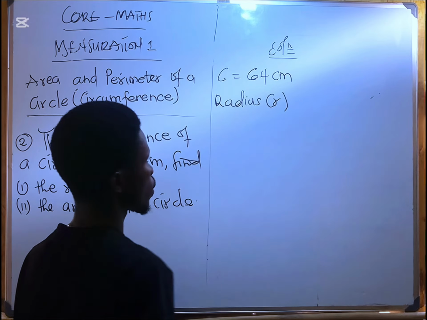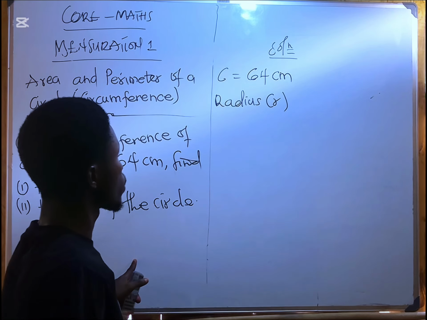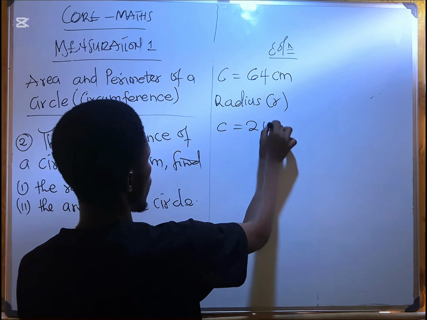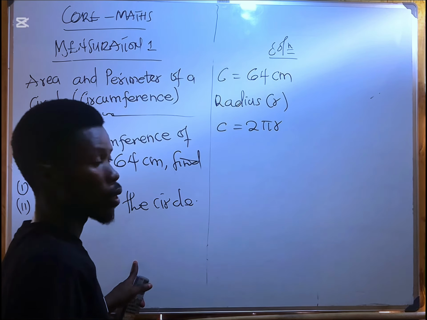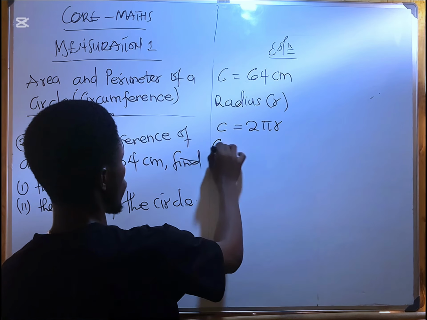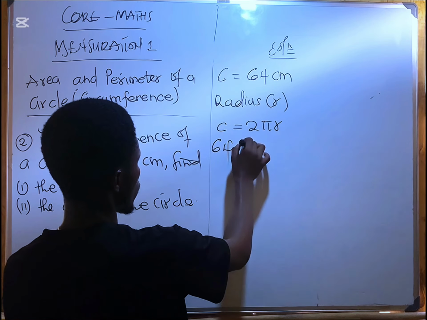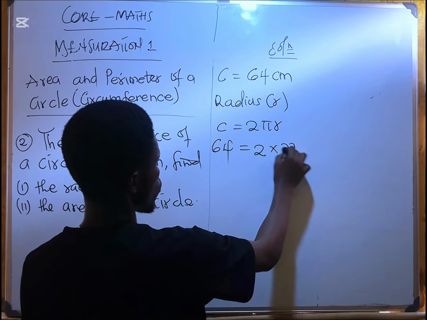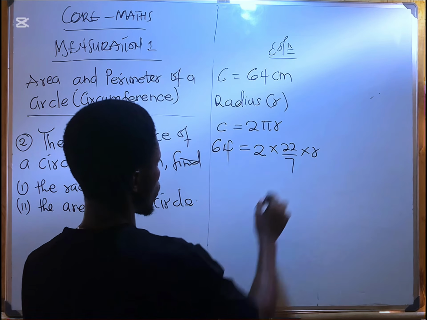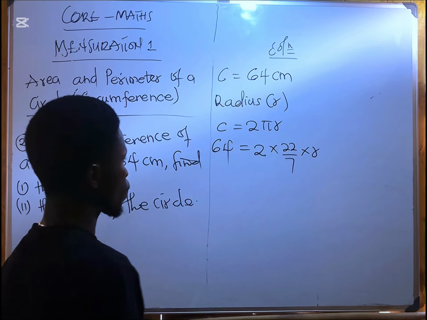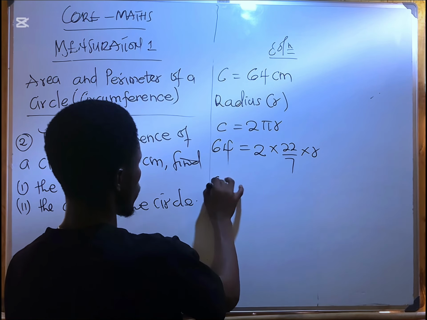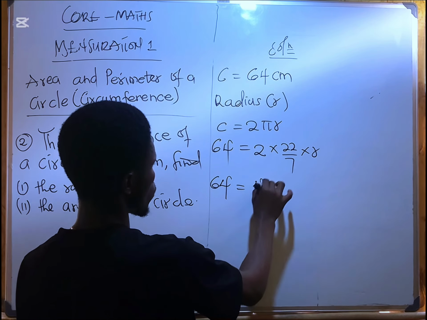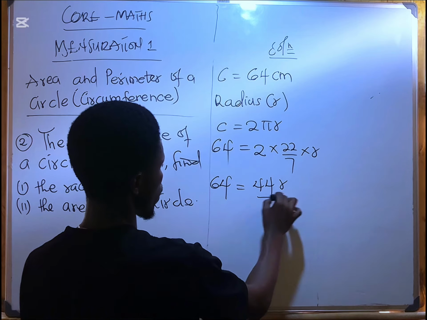Radius r. For you to find the radius, we know that circumference is equal to 2 pi r. But circumference has been given as 64, so 64 equals 2 times pi, which is 22 over 7, times the radius. Is that okay? So we are going to have 64 equals 2 times 22 is 44r over 7.